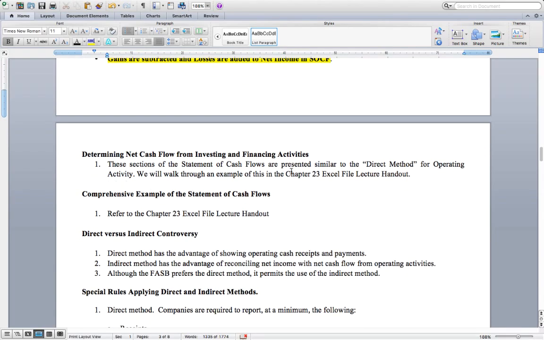As previously mentioned, the direct method is a similar approach used for financing and investing, and we'll talk about this more when we go through the Chapter 23 Excel file lecture handout and the comprehensive example that we will go through as well.